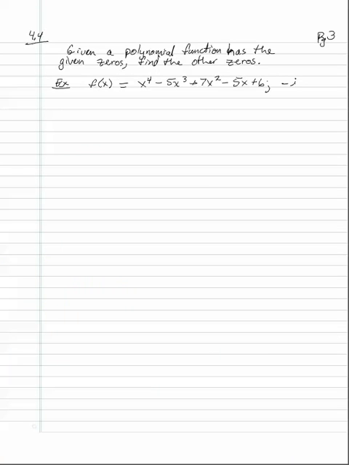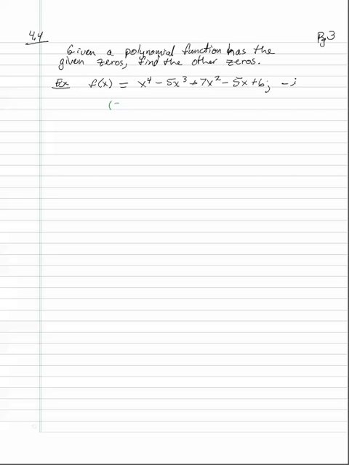Okay, so if we know a polynomial has a given zero, so we're given that this polynomial, x fourth minus 5x third plus 7x squared minus 5x plus 6, has a zero of negative i. So if we plugged in negative i into this function, we would get 0.